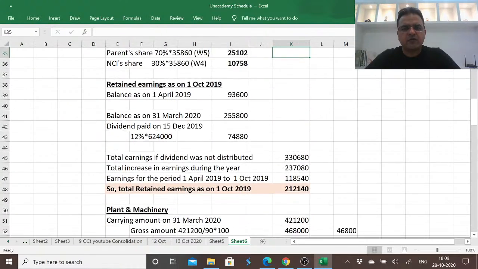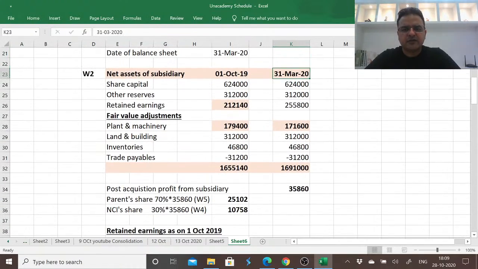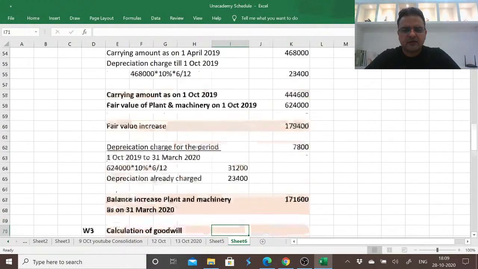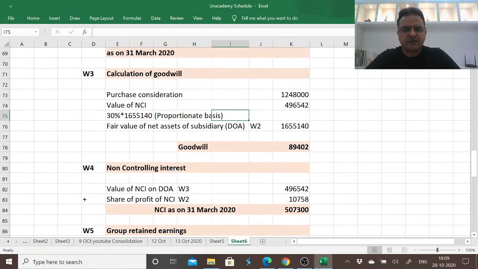We get to know net assets of subsidiary on date of acquisition, that is 1st October 2019. The value is 1,655,140. We include it here. This is the fair value of net assets of subsidiary on date of acquisition, 1,655,140.